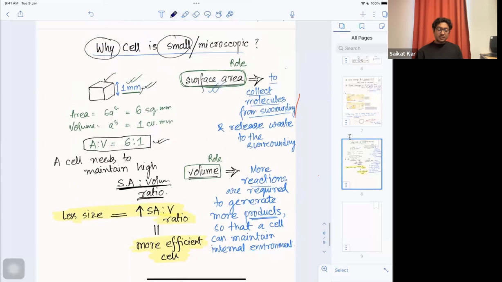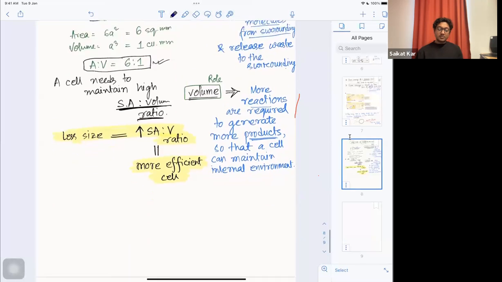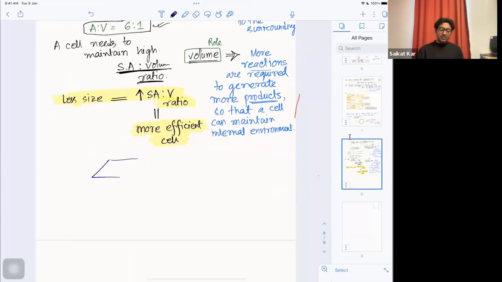Suppose you increase 1 millimeter to 2 millimeter, so this cube is 2 millimeter. Now what will happen? Area becomes again 6a square, so 6 into 2 square, means 6 into 4, so 24 square millimeter.